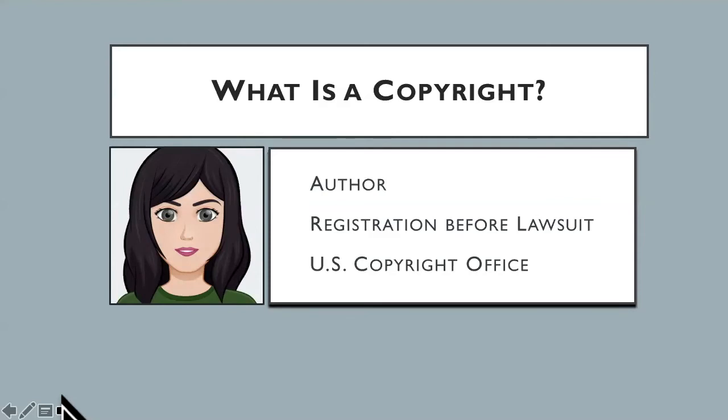It doesn't have to be registered before the potential defendant copied it, but it does have to be registered before the lawsuit. The author has the rights initially and originally, and then under US law, if the author wants to sue someone for copying their work, they have to register with the United States Copyright Office.